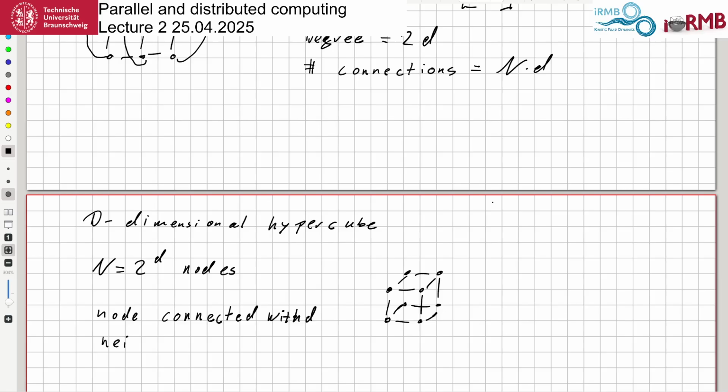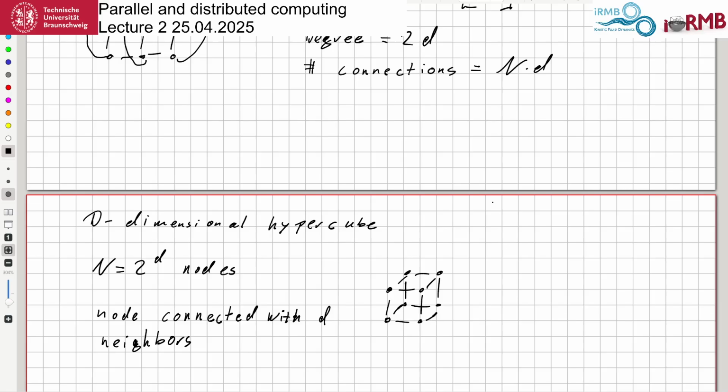So the dimension, maybe I'm writing this a little bit further away. I've forgotten one connection here. So the number of dimensions is the number of connections that each node has.